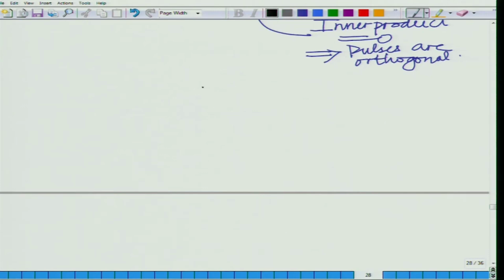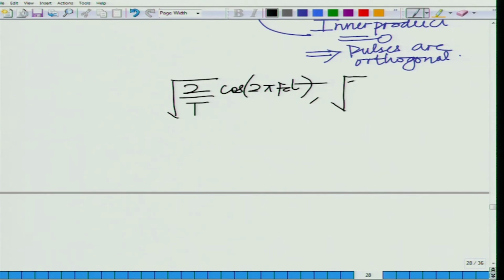Therefore, p1(t) is square root of 2 over T cosine 2 pi f_c t, and p2(t) is square root of 2 over T sine 2 pi f_c t.